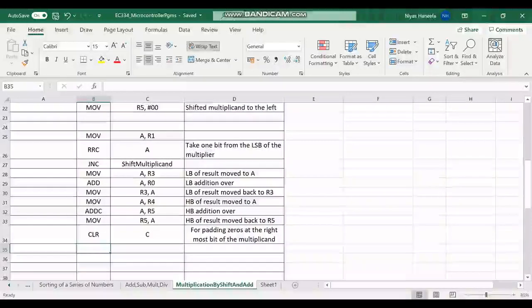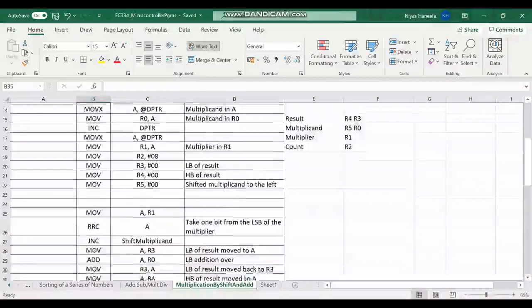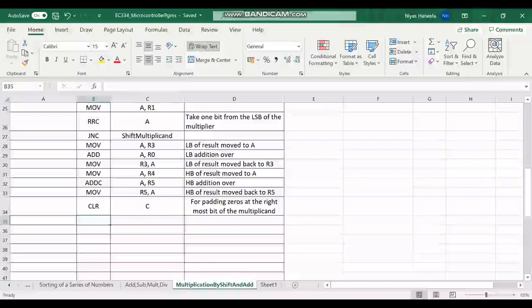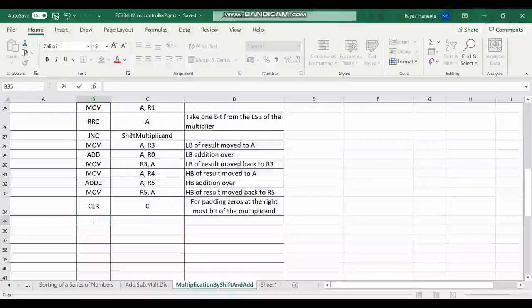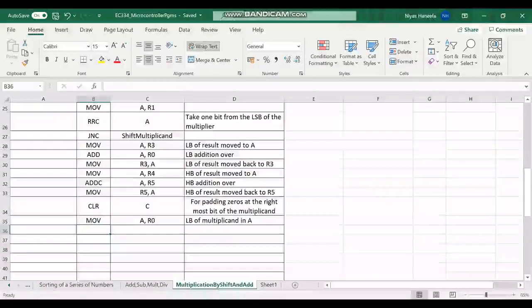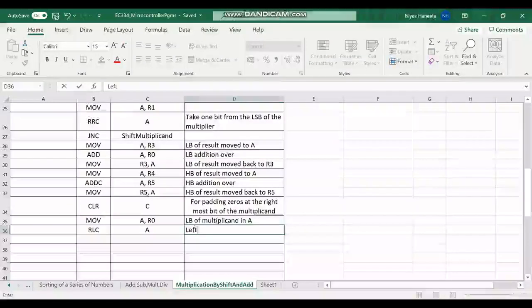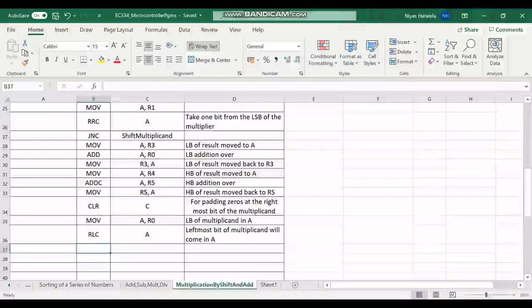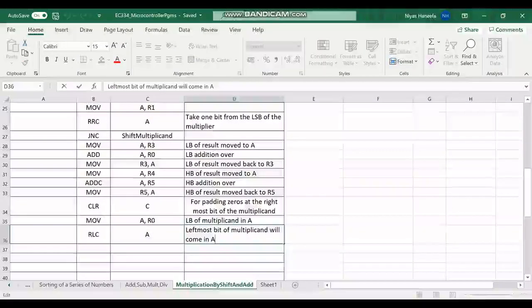Then we have to move one bit to the left. The multiplicand should get populated in R5 and R0. So we move A with R0, the lower byte of multiplicand in A. Then we do RLC A. So the leftmost bit of the multiplicand will come in the carry flag.